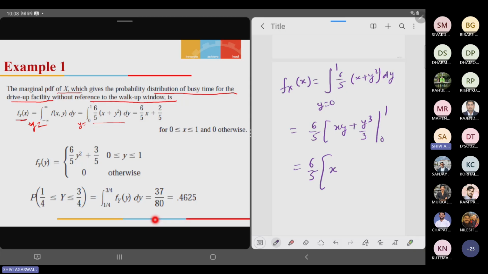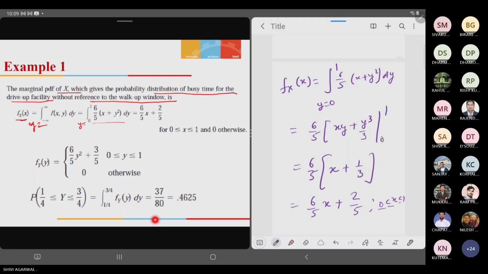So it will become 6/5 x plus 2/5, in the range 0 less than or equal to x less than or equal to 1.